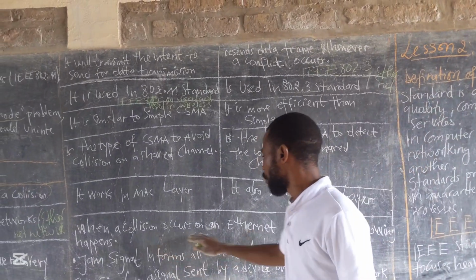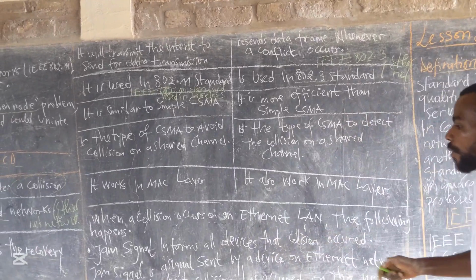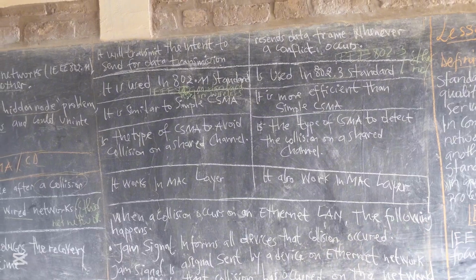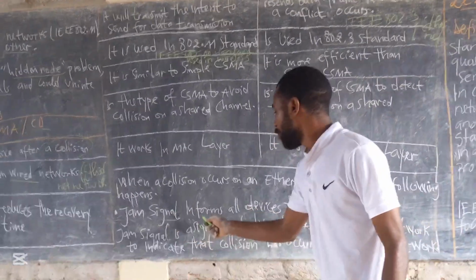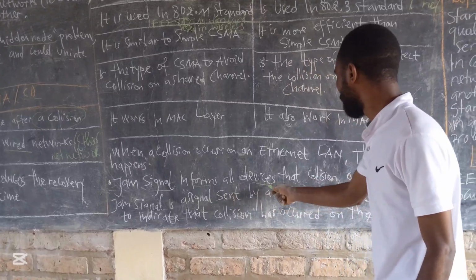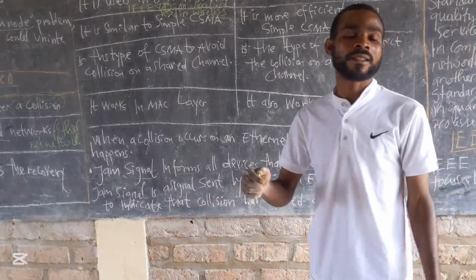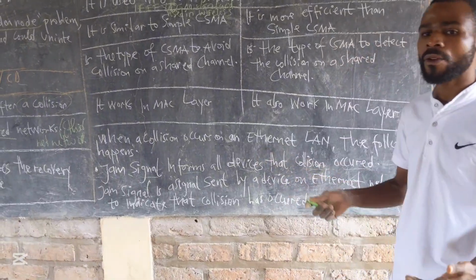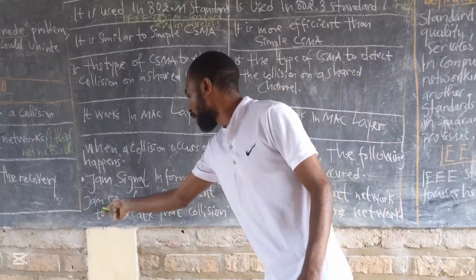When a collision occurs on the Ethernet LAN, igihe collision yabaye muri Ethernet LAN, the following happens. Jam signal informs all devices that a collision occurred. Habaho ko haza sinyari imenyesha izindi devices zose ko habayeho collision. Iyo jam signal ni sinyari imeze gute?